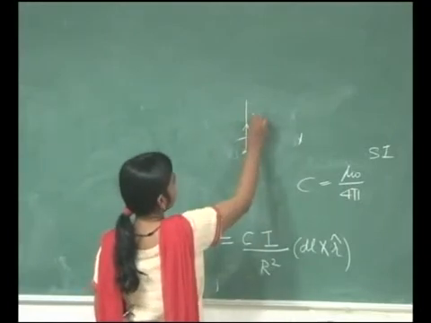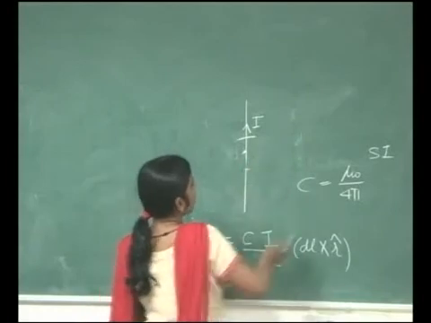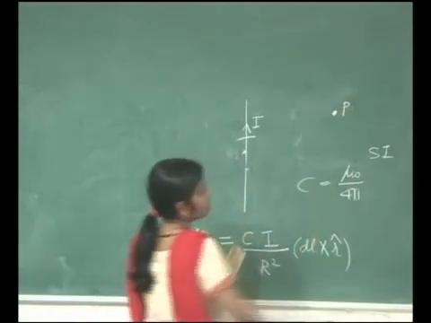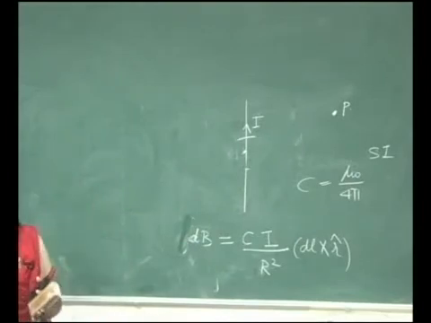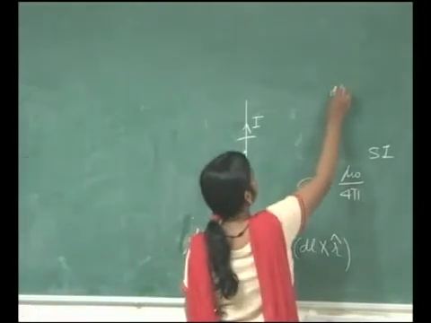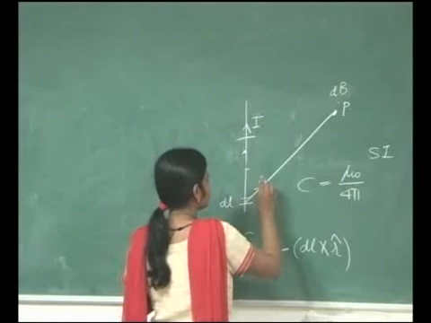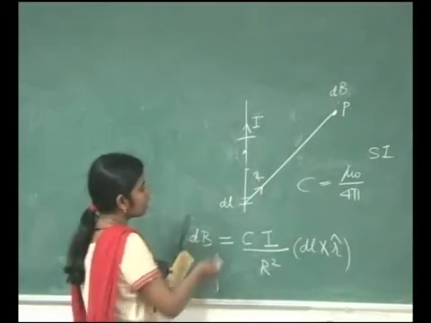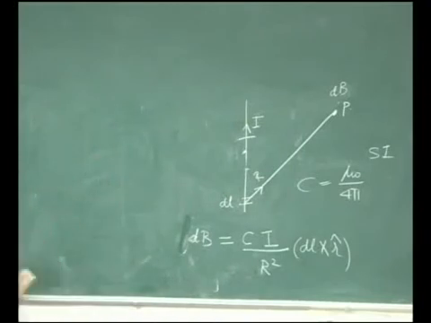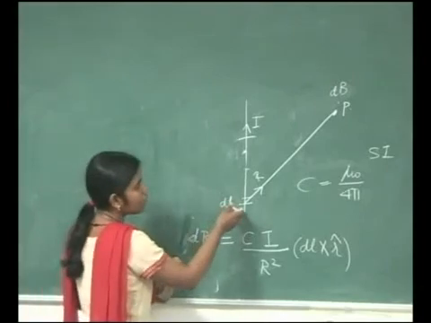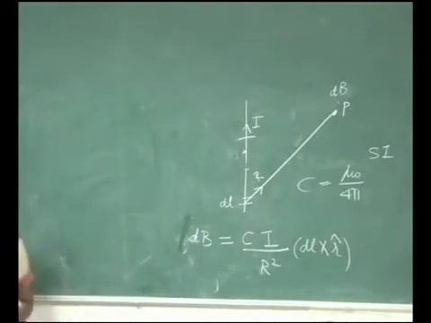Say this is a current carrying conductor I, and I want to calculate the magnetic field at some point P. A small magnetic field dB I want to calculate here due to a small length element dl. This is r, such that dl and r are perpendicular. If I want to calculate the magnetic field due to the entire current carrying conductor, I will integrate this and I will get a 1 by r relationship.